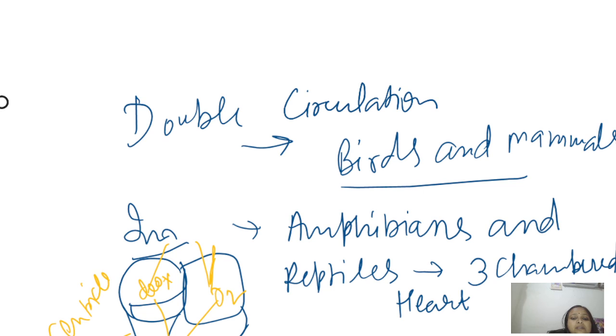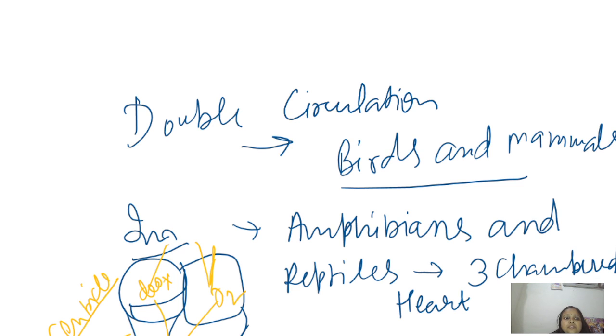Okay. So in birds and mammals there is double circulation, and in amphibians and reptiles it is not a specific type of circulation, only the oxygenated and deoxygenated blood get mixed in the ventricle.